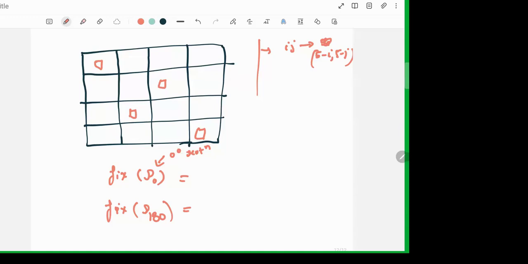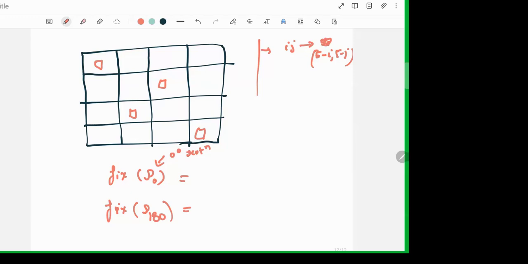No, we are not looking for this. We are looking for non-equivalent rook placements. So we are looking for fix rho naught minus fix rho 180.